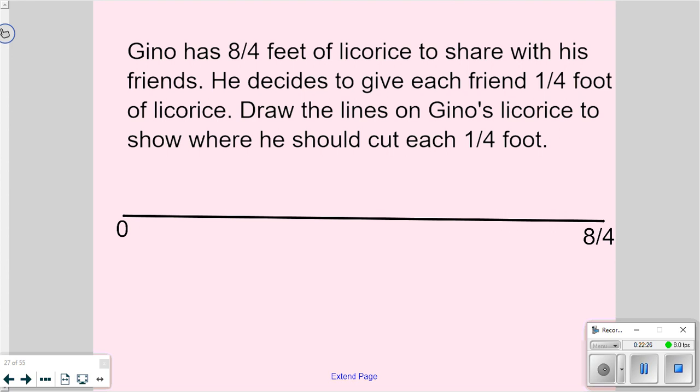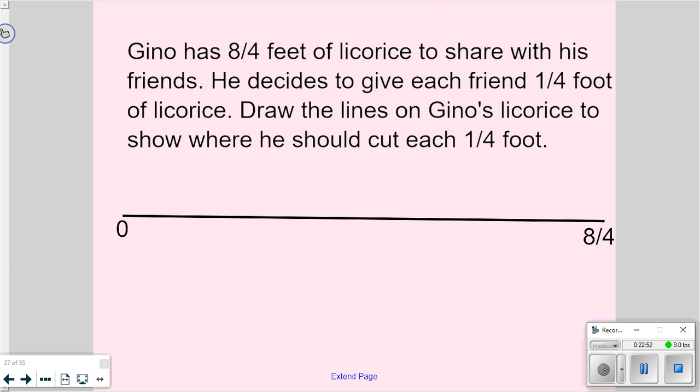He has 8/4 feet of licorice to share with his friends, like a Twizzler. He decides to give each friend 1/4 foot of licorice. That was nice. Draw the lines on Gino's licorice to show where he should cut each 1/4 foot.